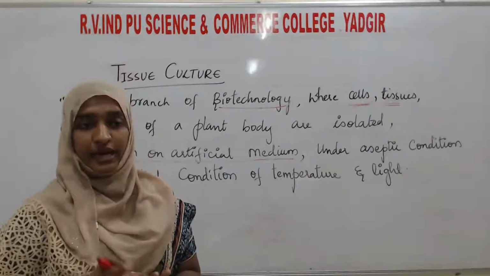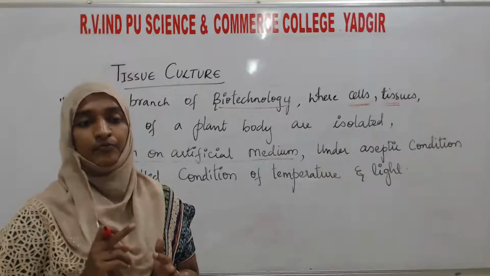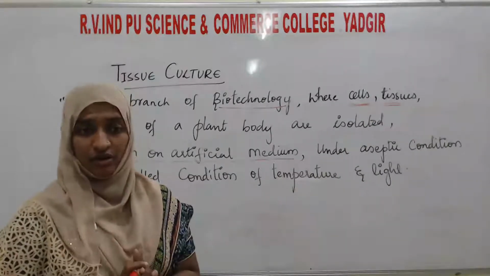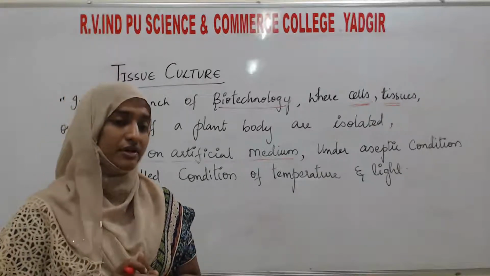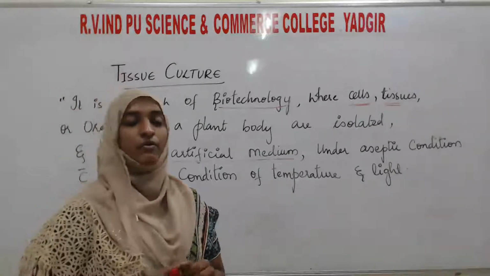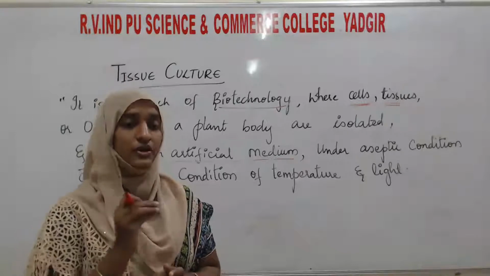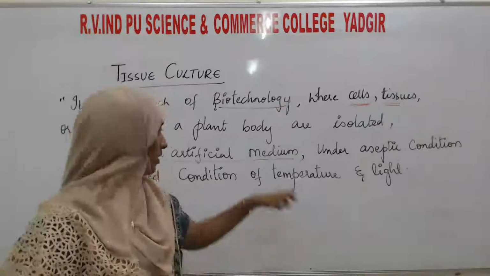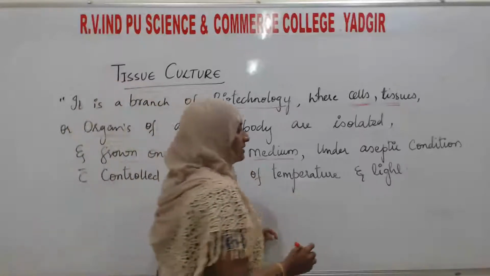But here they provide all these things, temperature, light, water, and medium such as soil, artificially. Whatever nutrients they would get from the soil and water, minerals, salts and everything, they give artificially in the artificial medium under aseptic condition.